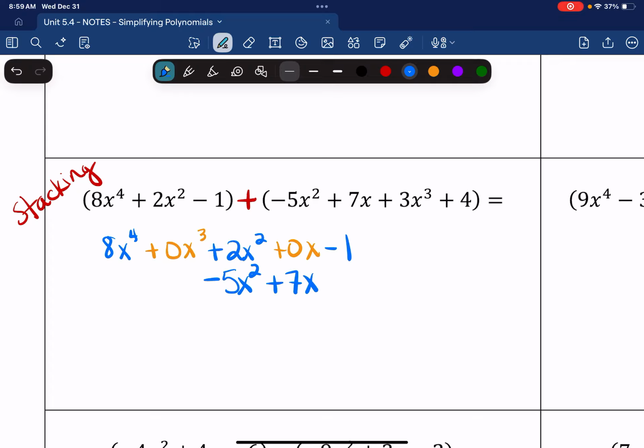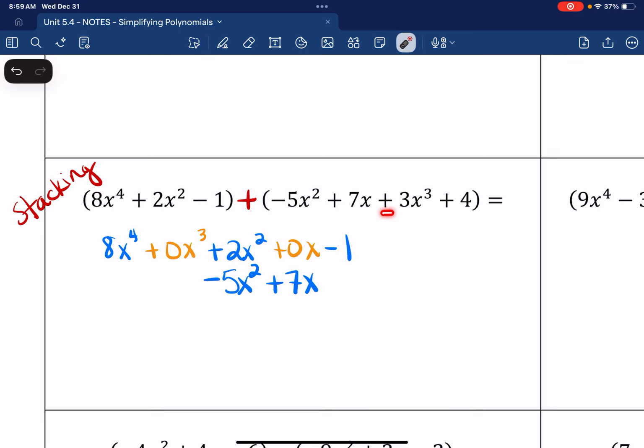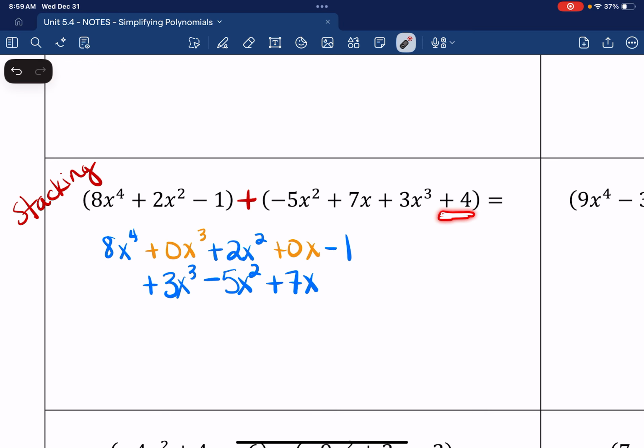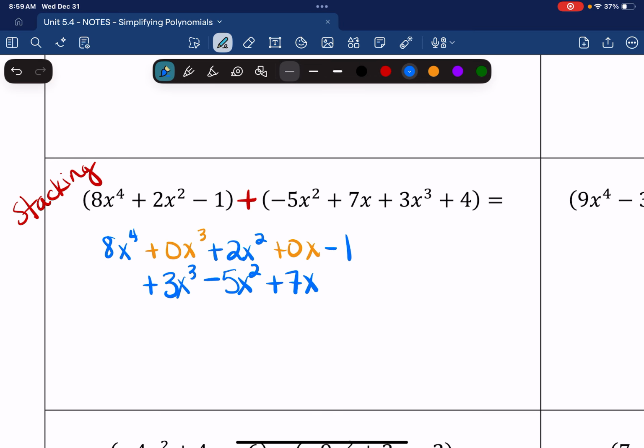Remember, you want to line up your like terms. Then we have our plus x to the third power. So let's put it underneath our cubic like term, plus 3x cubed. We're just matching up our terms. And then we have here at the end our plus 4. So I need to put that underneath our constant, plus 4.